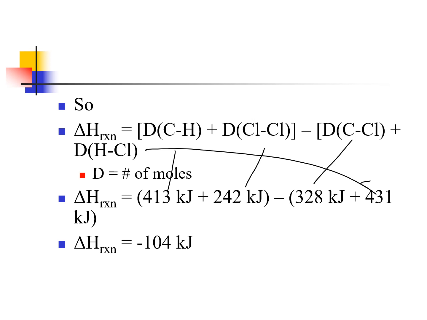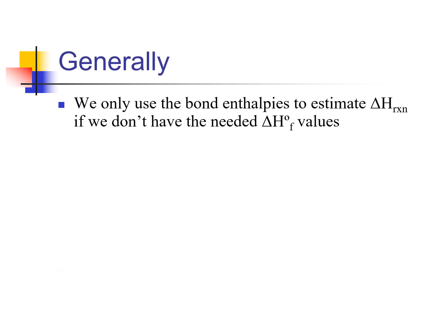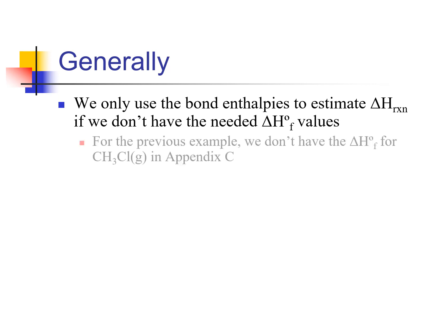And we get this. So this is telling us that that reaction is likely exothermic. But again, this actual value has a relatively decent amount of error to it, so it's not super useful if we want to know what the true heat of reaction is. It's, again, better for endothermic or exothermic. Generally, we only use these if we don't have the heat of formation values.